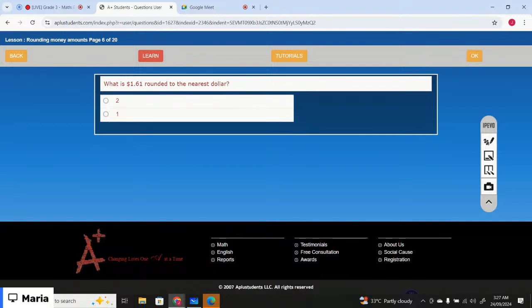What is $1.61 rounded to the nearest dollar, which is the correct option? That is $2. Option number 1 is the correct option.